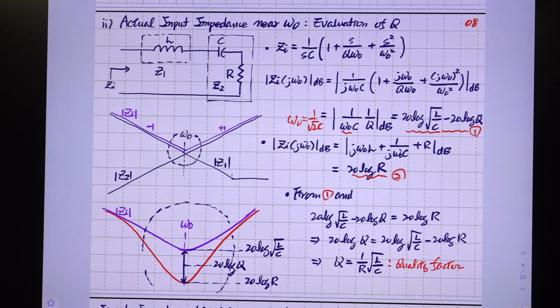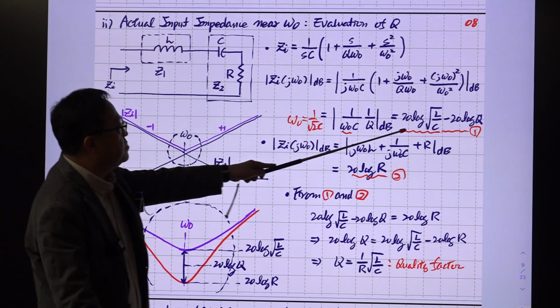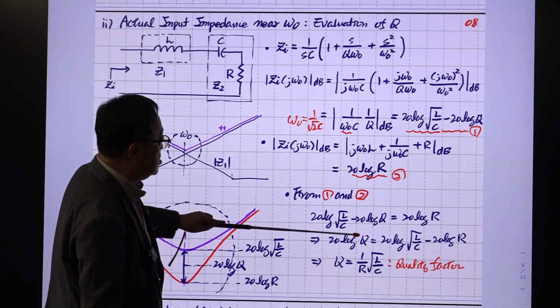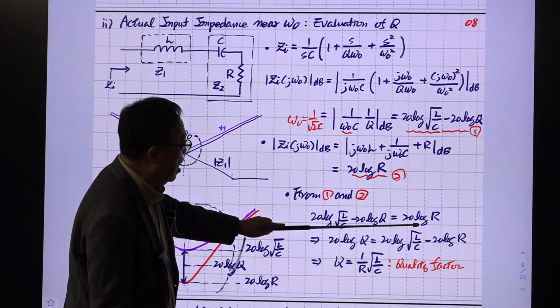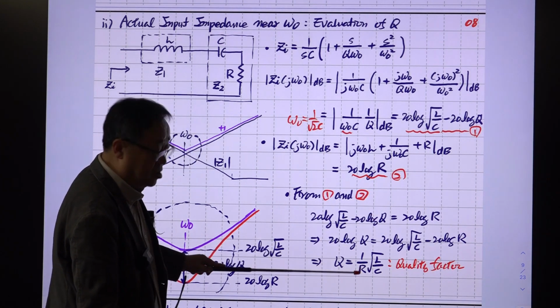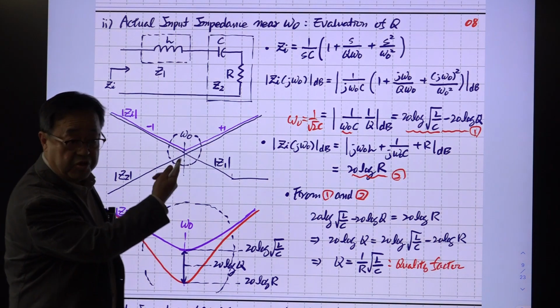Then by equating equation number 1 and equation number 2, which is this, the value at the resonant frequency is this one. It's the same as this, and with this expression, we derive the expression for the Q, which is this, which is the same as the previous example.